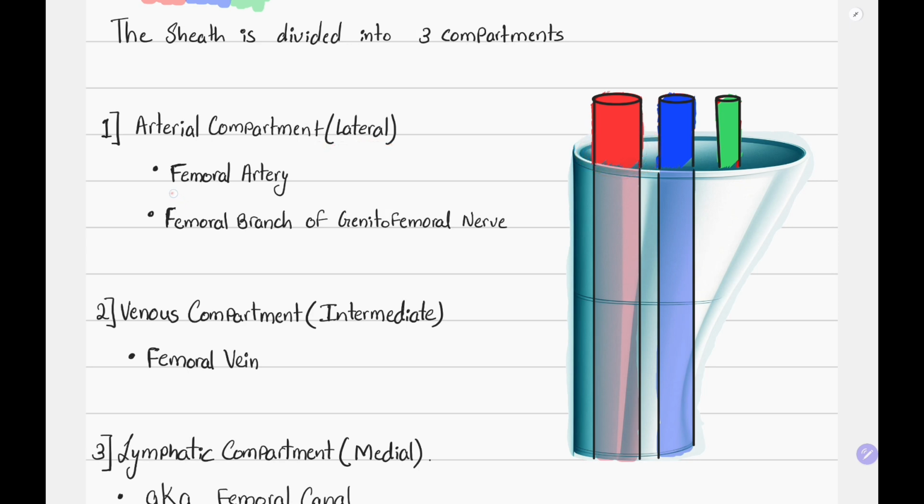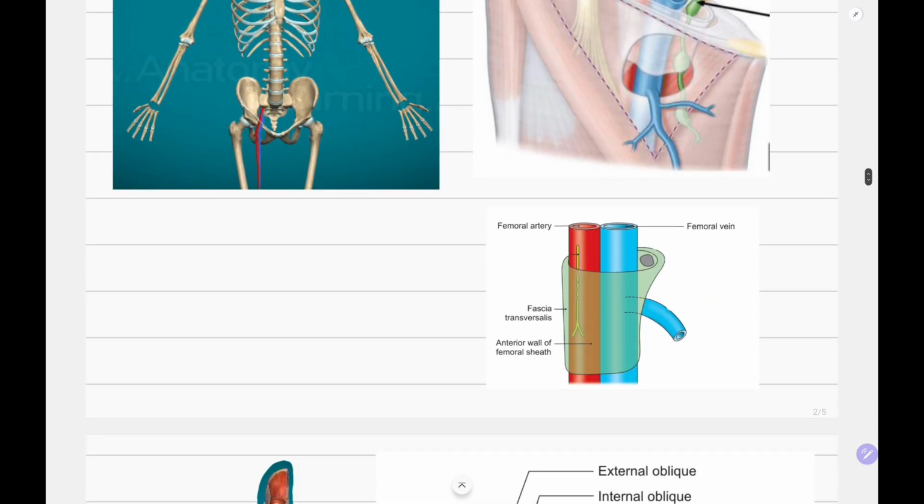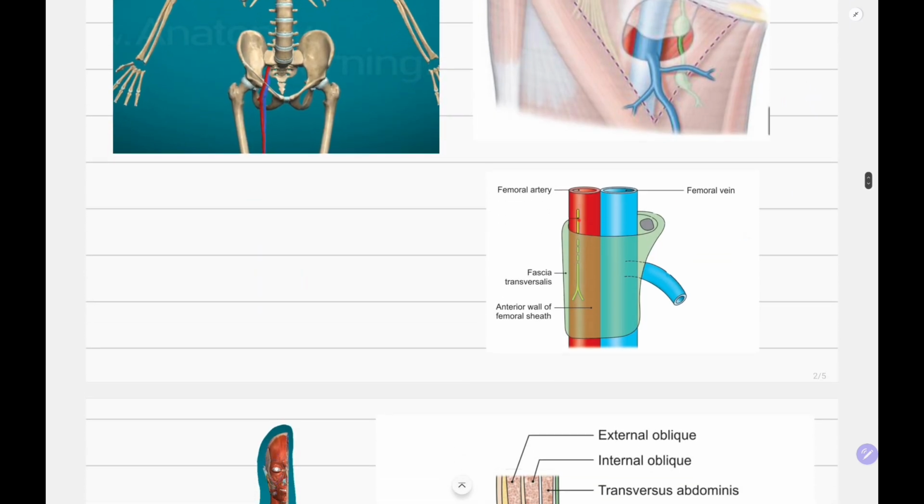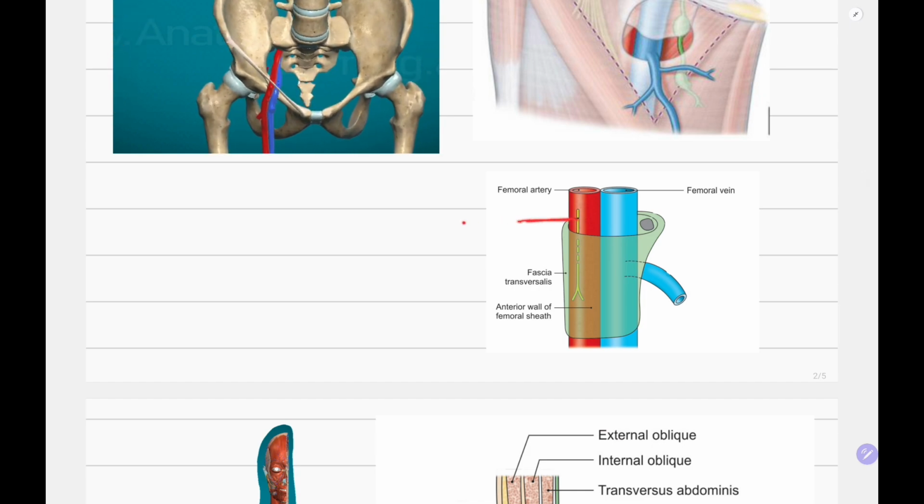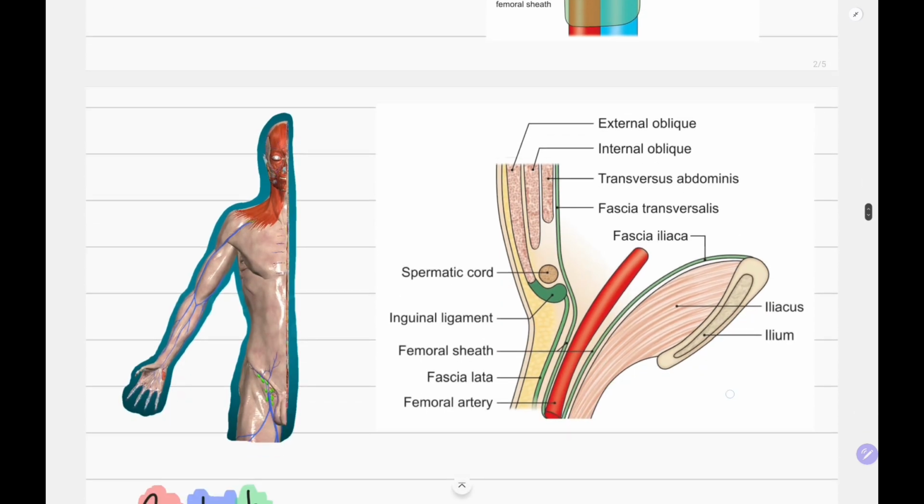This compartment contains the femoral artery and the femoral branch of the genitofemoral nerve. In this diagram you can appreciate the femoral branch of the genitofemoral nerve.